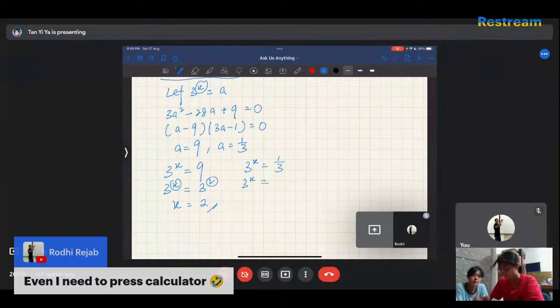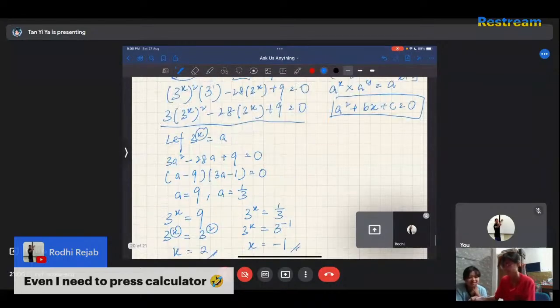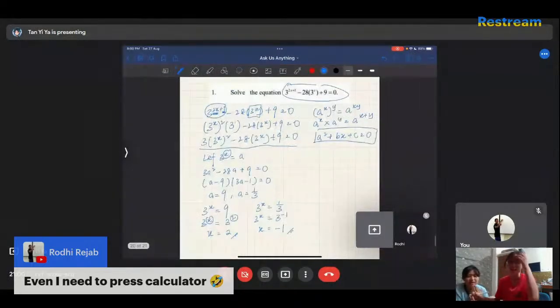For this, we know that it is 3 to the power of negative 1, and the final value of x will be negative 1. So we have done this. Is there any question?